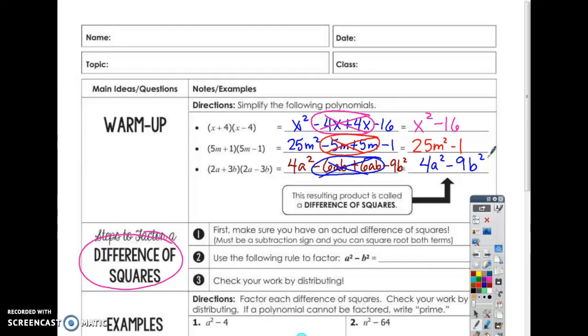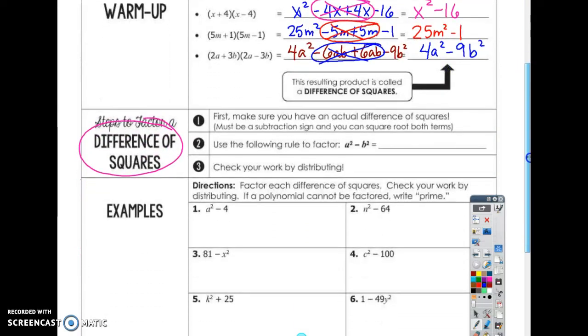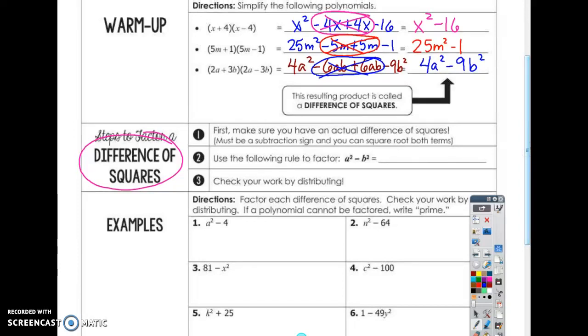So we're going to be working backwards. And I'm going to show you how we're going to do that and what to look for. See, all of these answers resulted in difference of two squares. What does difference of two squares look like? Like that.